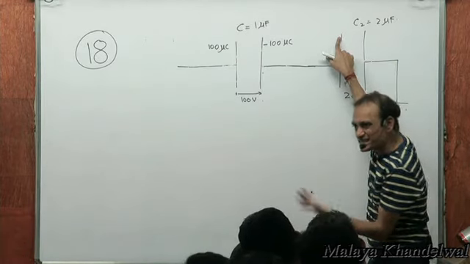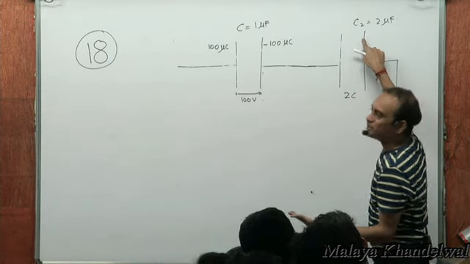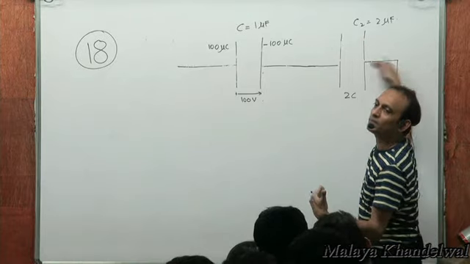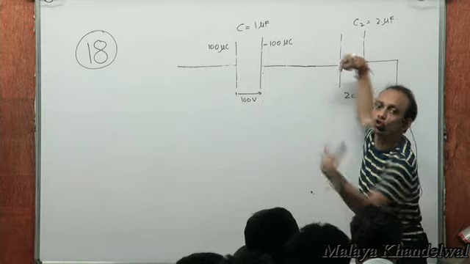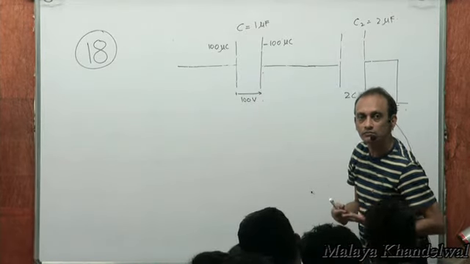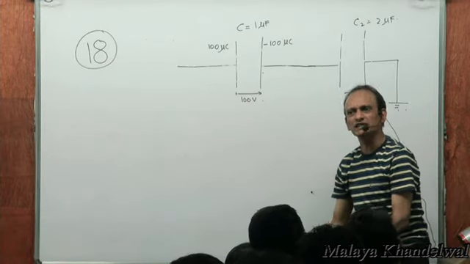But if this doesn't have charge, already the meet of this conductor and the meet of this conductor are at 0 electric field. Why on earth will Mother Earth unnecessarily push charge onto this plate and cause a non-zero electric field in the meet of the conductor? You know what I'm saying? So Mother Earth will remain passive, inactive.